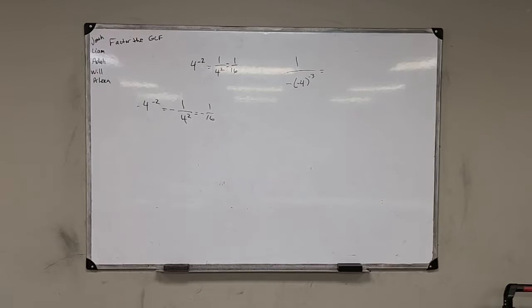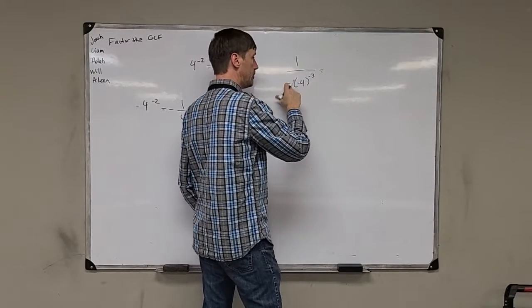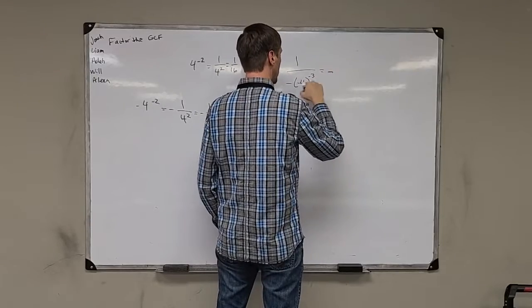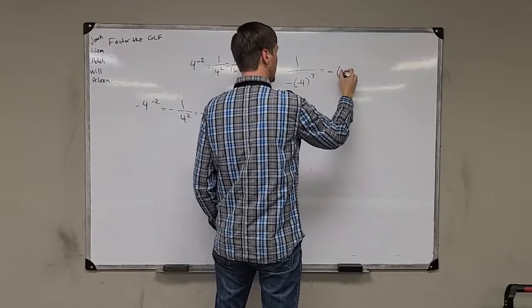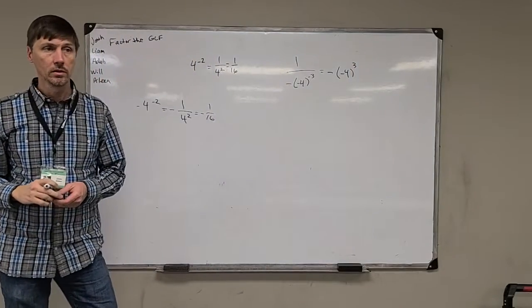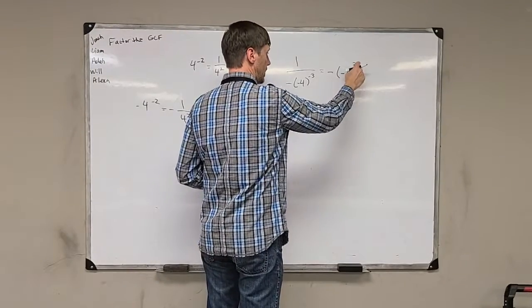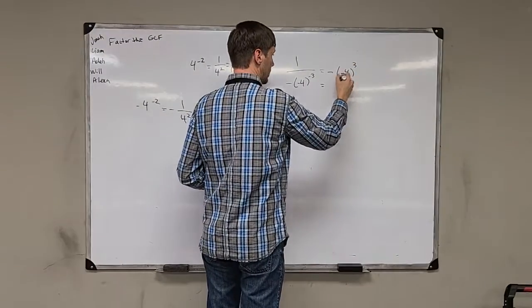Okay, I'm good. All right, so I'm going to bring the negative 4 to the top. We leave the negative sign alone. I'm just going to bring it to the front of our fraction. We bring this negative 4 to the top, so we have negative 4 now raised to the 3rd power. And so the negative is affected by the 3, this negative that's inside the parentheses.